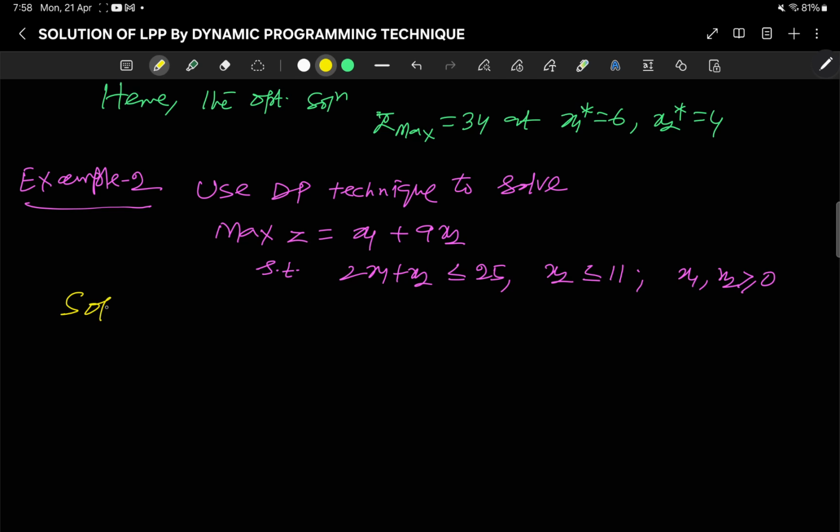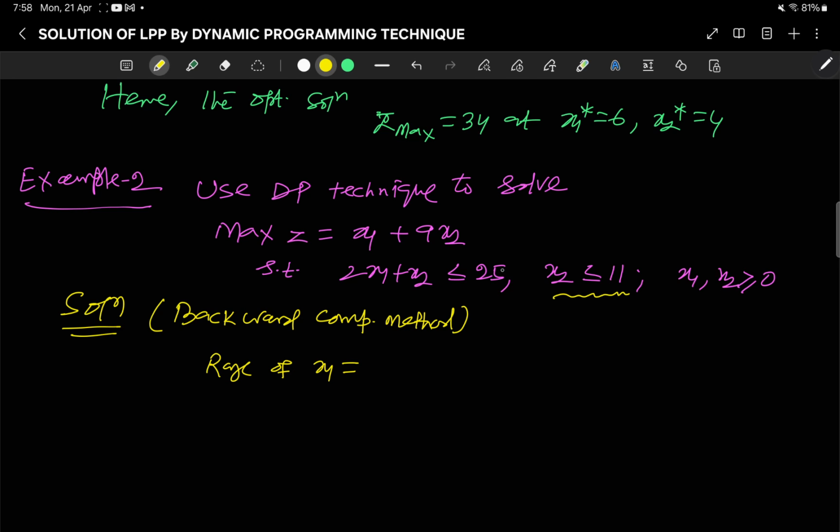Now coming to the solution of question number 2, we prefer to use the backward method. However, we may use any of the methods, but since x2 is explicit, I prefer backward computation. So what is my range of x1?